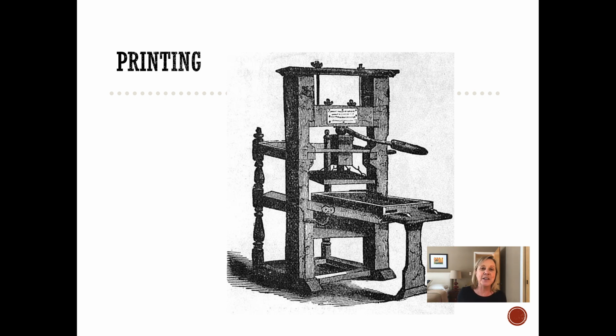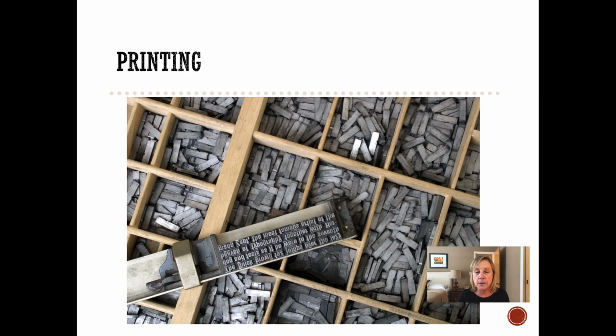So now consider just how long it took to print a multiple page document and multiple copies of that multiple page document. And yet printers got very good at this. And this was a form of printing, not this kind of press, but different presses. This is a kind of printing that was used well into the 20th century.